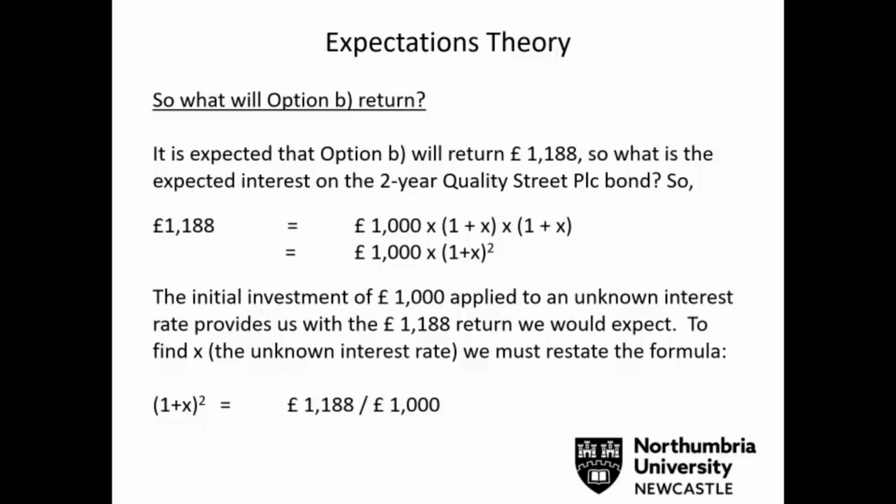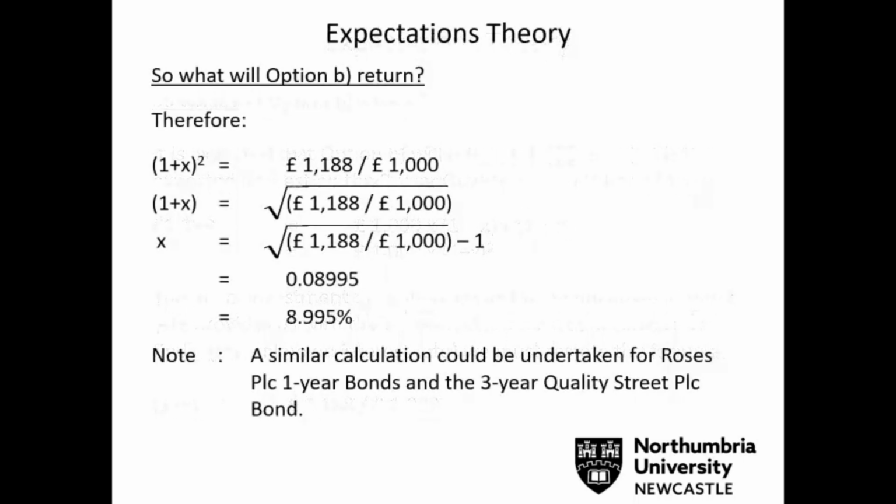So we have our initial investment of £1,000. We have the amount we expect to return in 2 years' time. So we end up with a formula of trying to work out what is x in the equation on the bottom. Simple bit of maths from high school here.